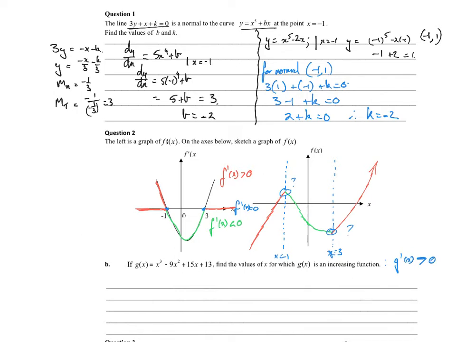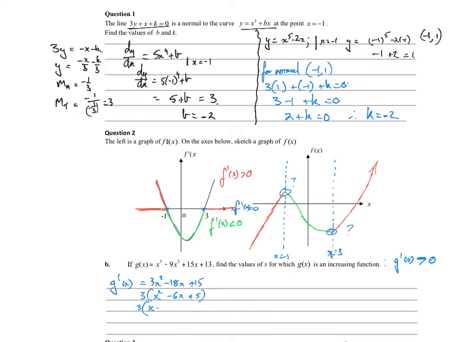So g dashed of x is equal to 3x squared minus 18x plus 15. 3 at the front, x squared minus 6x plus 5. Hopefully that factorizes. Minus 1, minus 5, isn't it?